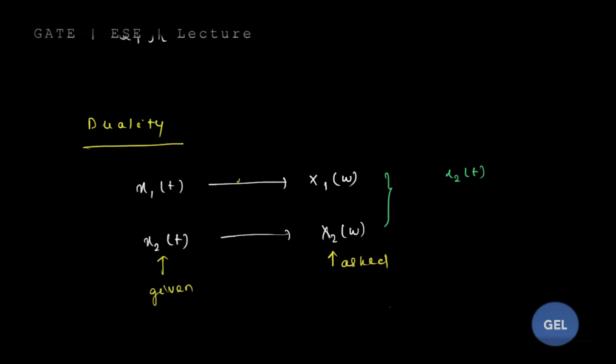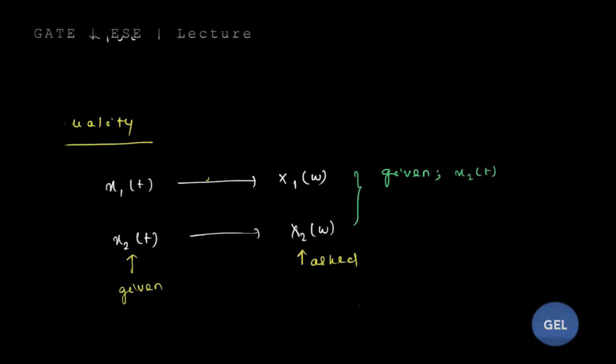Given is x2(t), and it creates a lot of confusion. x2(t) has a resemblance to X1(omega). That means you need to write it in terms of the frequency component: replace all the t with omega. That will become your X1(omega).